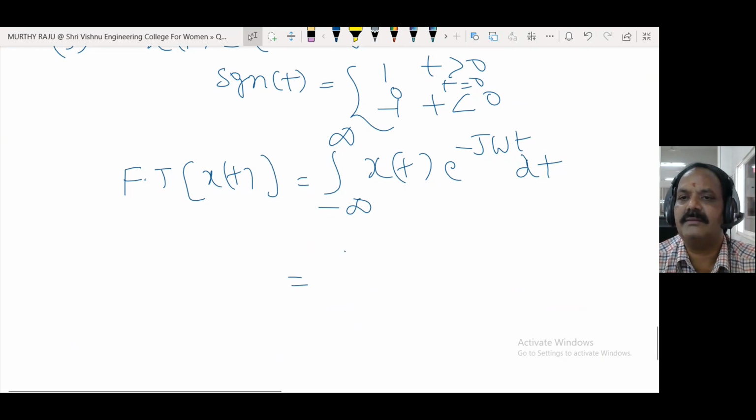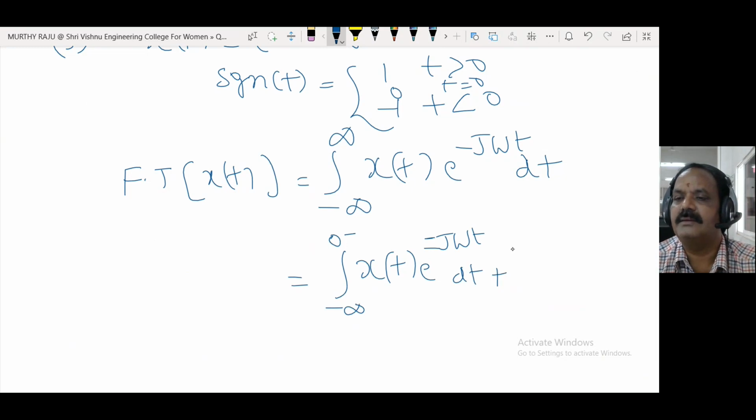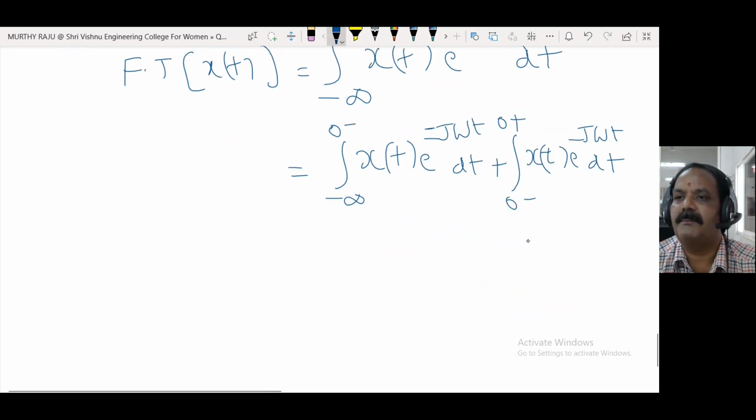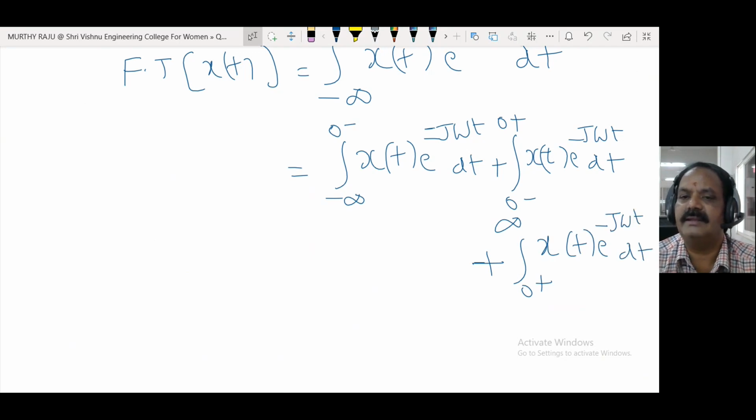For t less than 0, that means minus infinity to 0 minus, x of t e power minus j omega t dt, plus 0 minus to 0 plus x of t e power minus j omega t dt, plus 0 plus to infinity x of t e power minus j omega t dt.